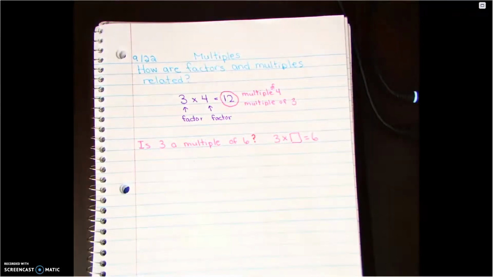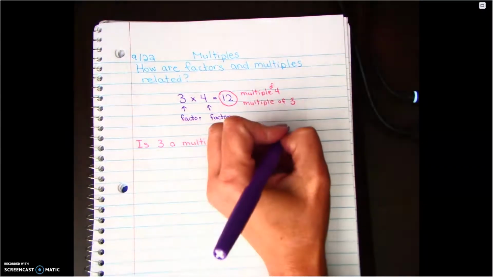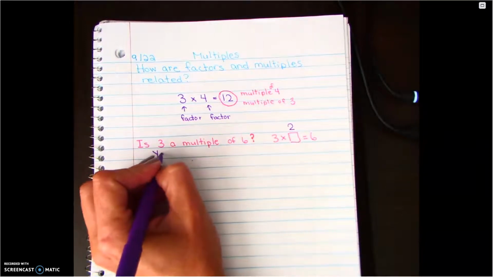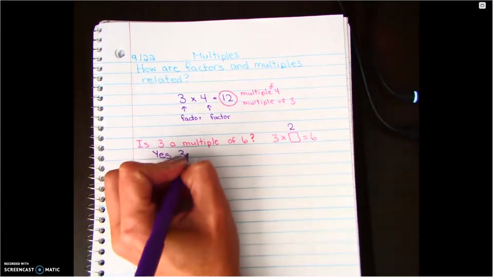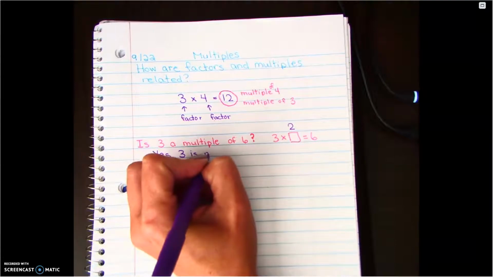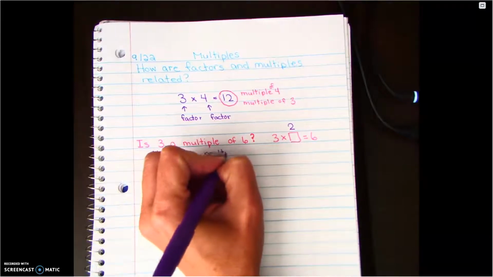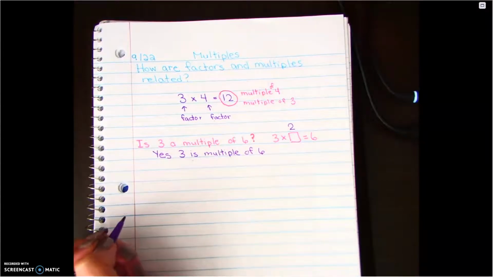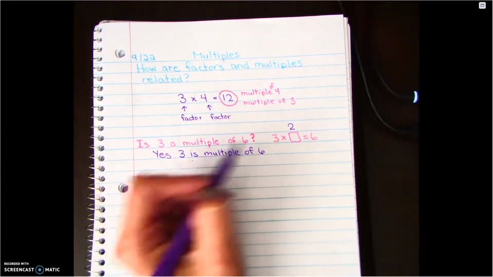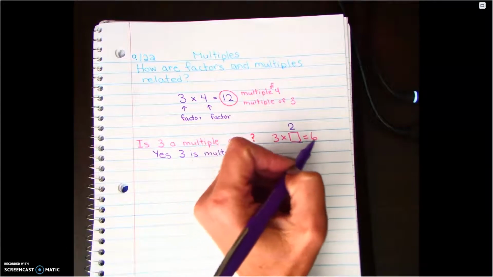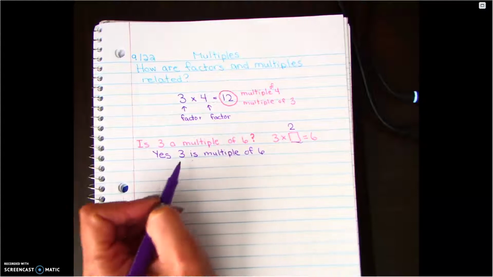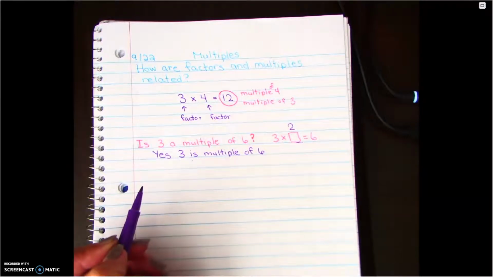And our answer is yes. There's a 2, so that means yes, 3 is a multiple of 6. So that's one way that you might see it. It's the same thing. Is 3 a multiple of 6? If you can put something in this box to make it true, that means yes, 3 is a multiple of 6.